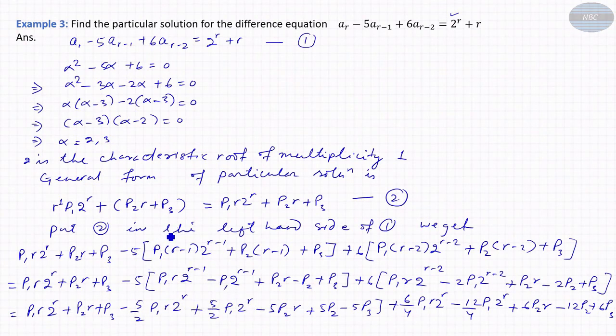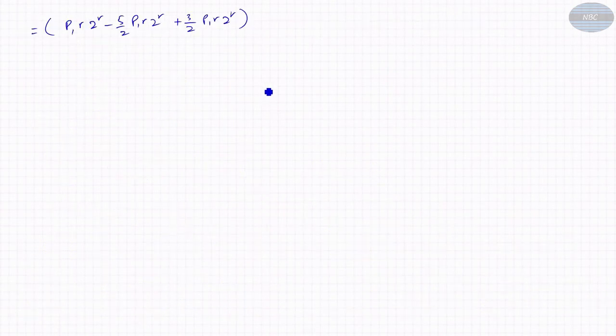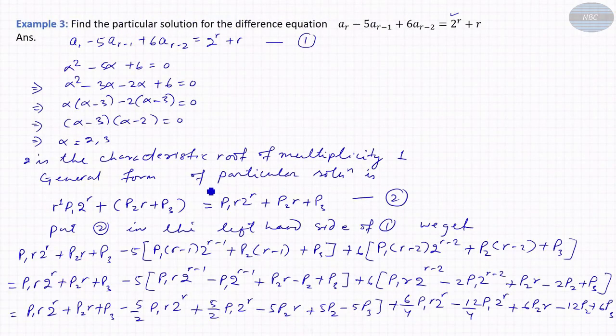So it can be plus 5 by 2 p1 2 to the power r minus 3 p1 2 to the power r. Okay, so this one is 5 by 2 p1 to the power r, plus this one is 3 p1.